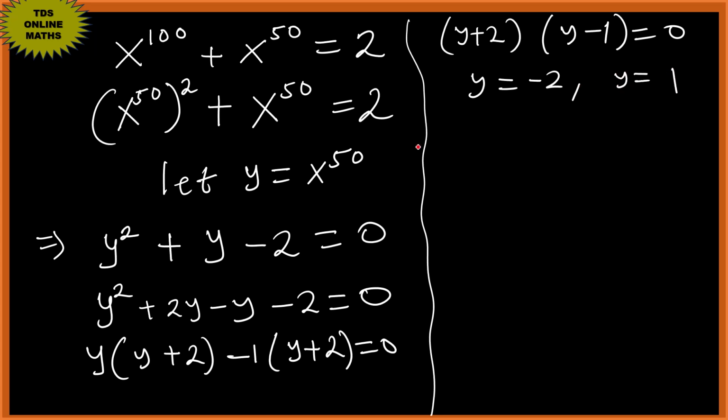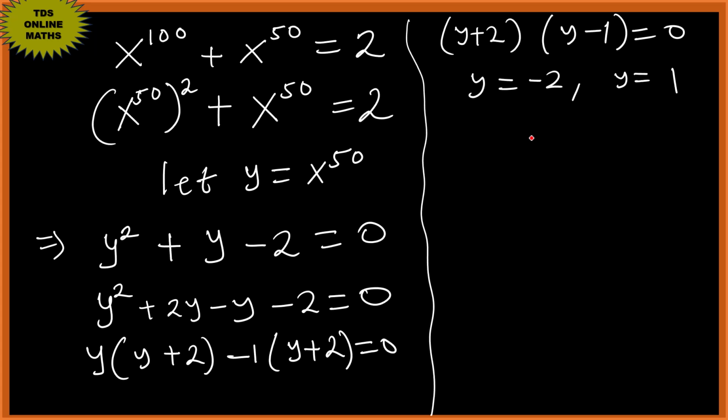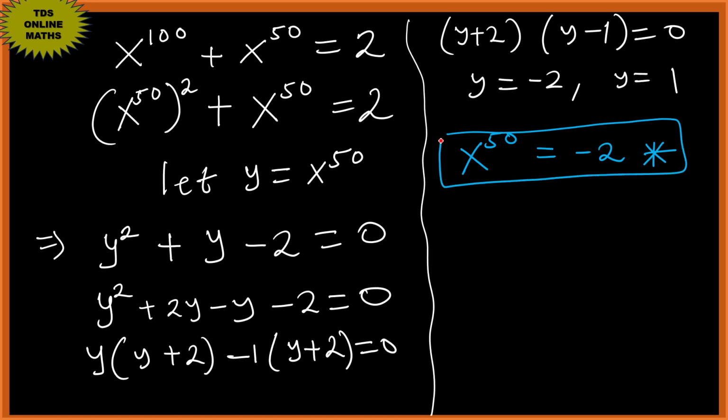Okay, remember we represented x to the power 50 by y. So let's do the substitution. So in case you are given x to the power 50 equals negative 2. Okay, now this one won't give us real solution, so it will be a complex solution.